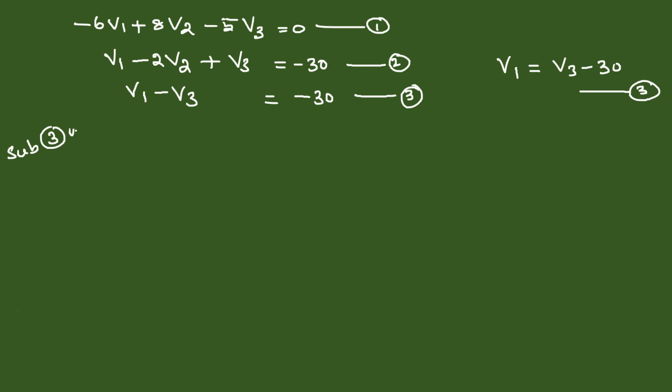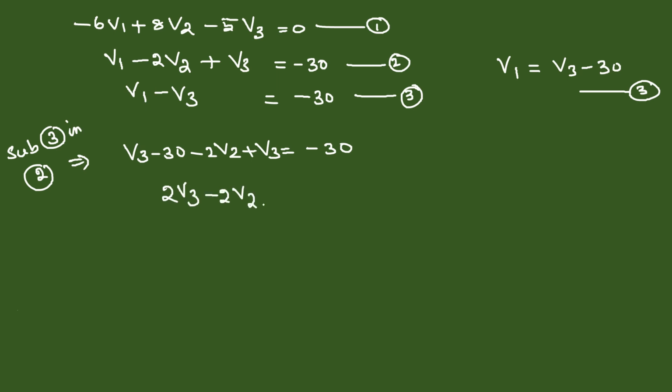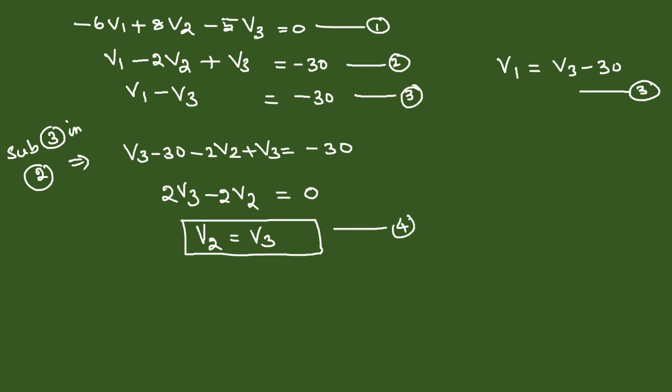Substitute the third in the second equation. So we get V3 minus 30 minus 2V2 plus V3, that is equal to minus 30. So 2V3 minus 2V2 is equal to 0. That means V2 is equal to V3. This is equation number 4.